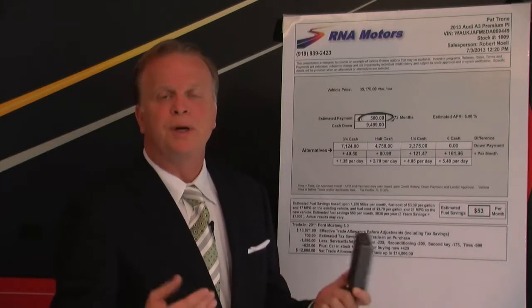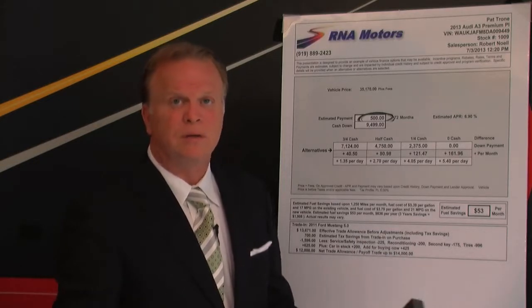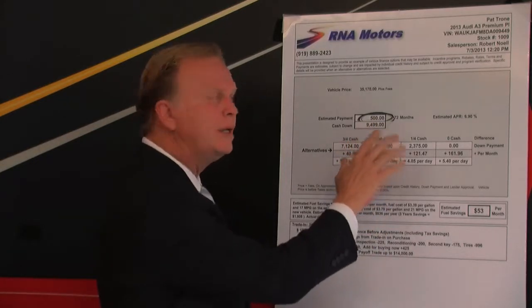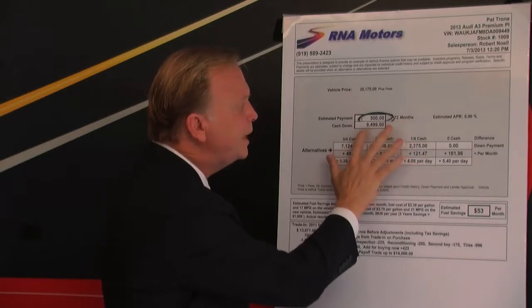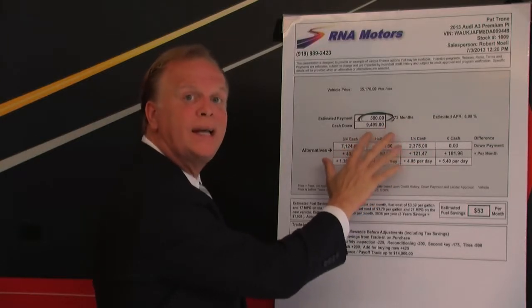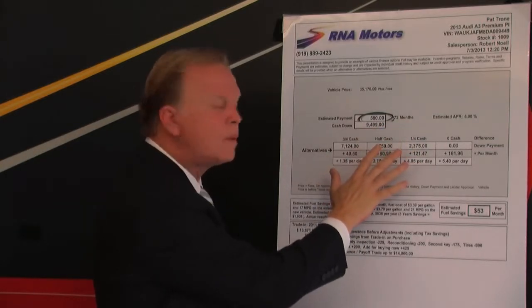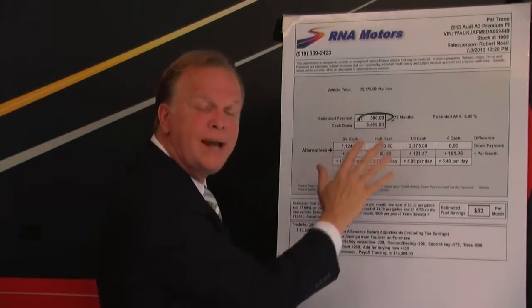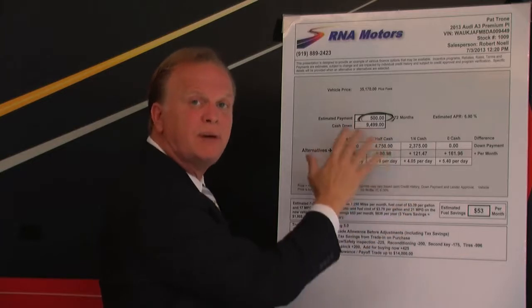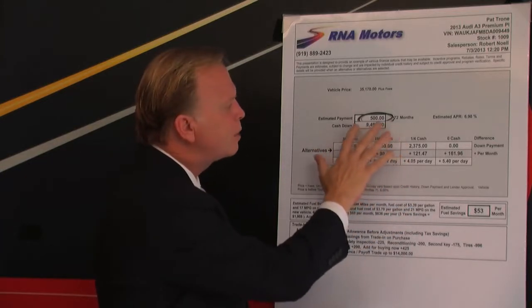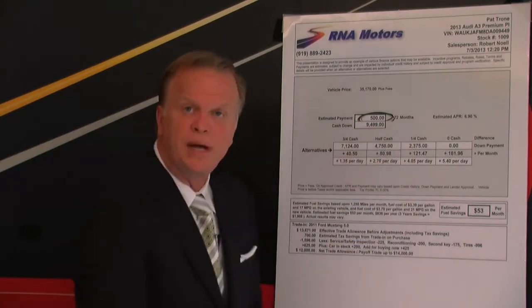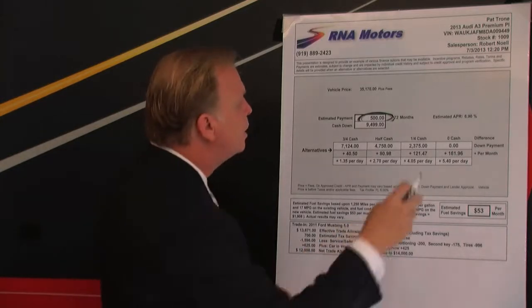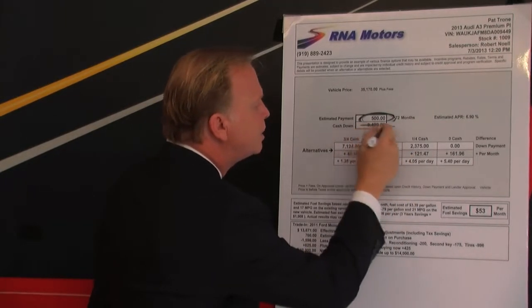You told me you wanted to be at $500 a month. Go ahead and circle the $500. And he'll circle the $500, but he'll see this $9,499 right underneath it. Now, it would take $9,499 down to get to $500. So go ahead and mark through this down payment. So I have the customer mark through the down payment.